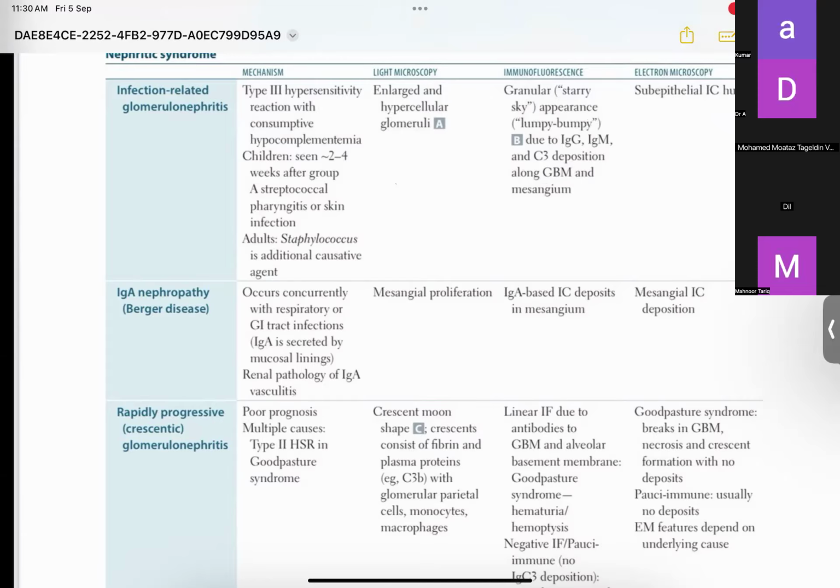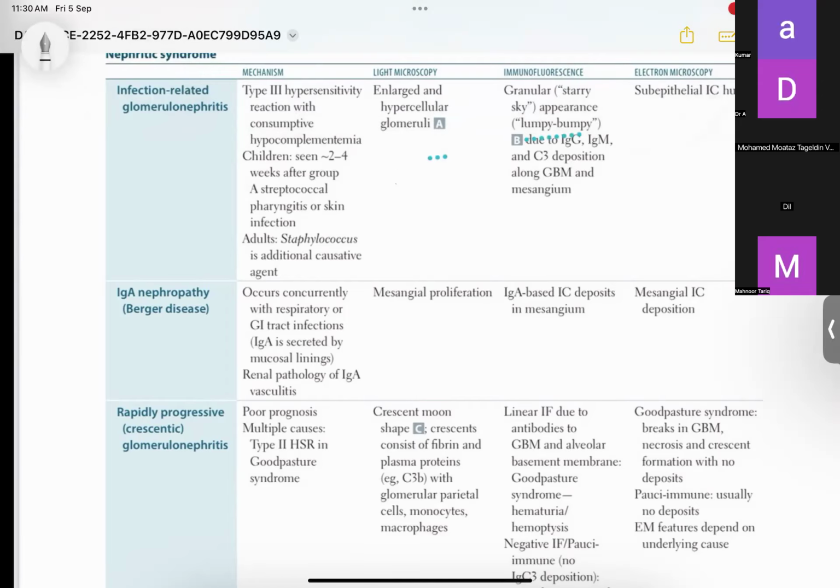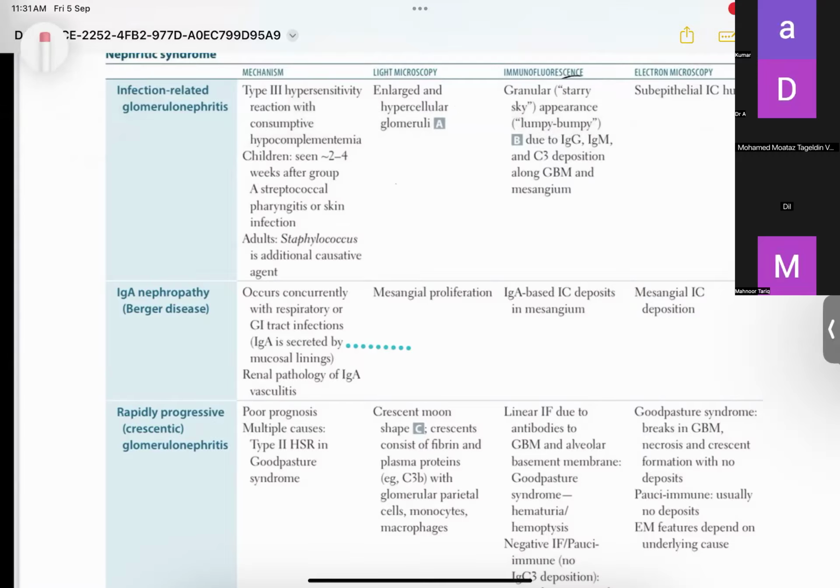The starry sky appearance is important, lumpy bumpy, because of the granular appearance, because of immune complex deposition in a non-linear fashion, okay? And we have decreased complement, C3. I think they didn't mention it here, but it is important, okay?